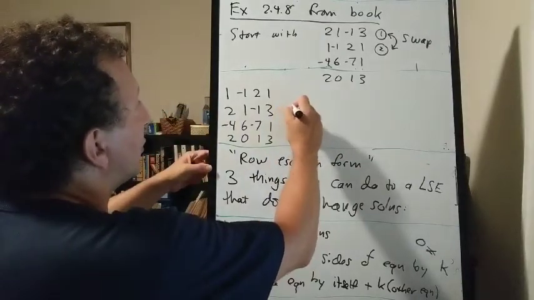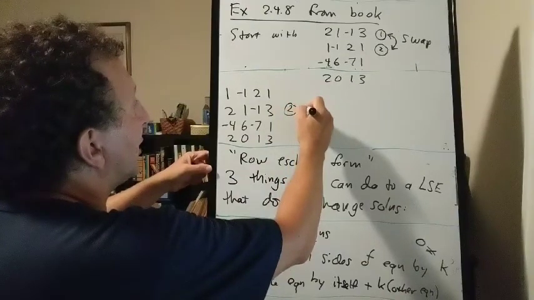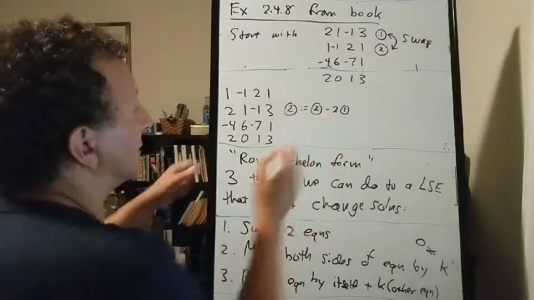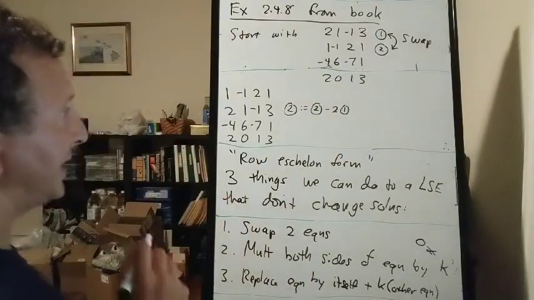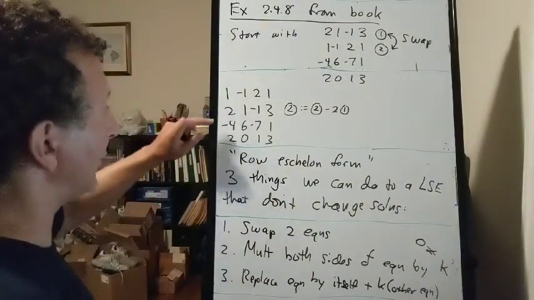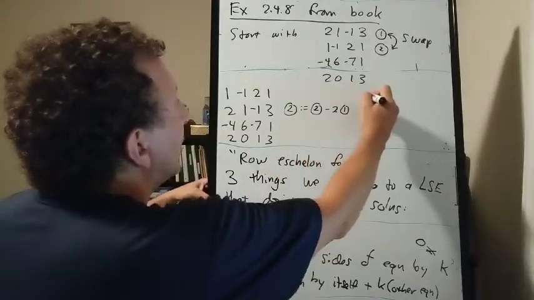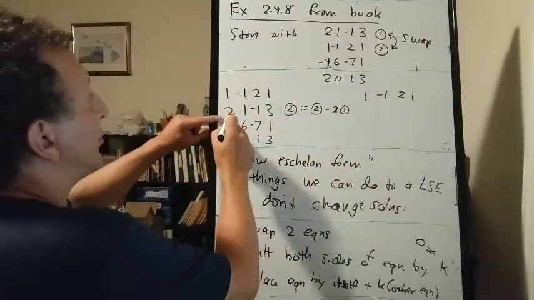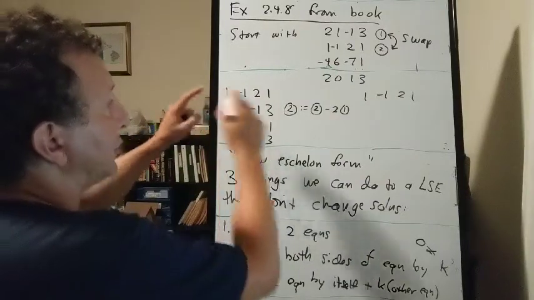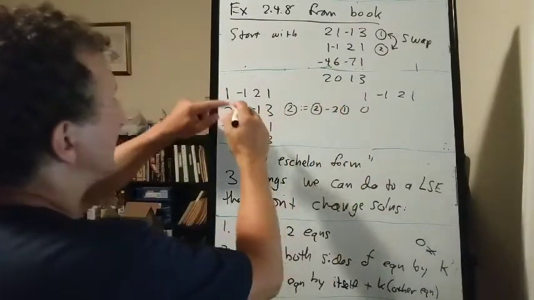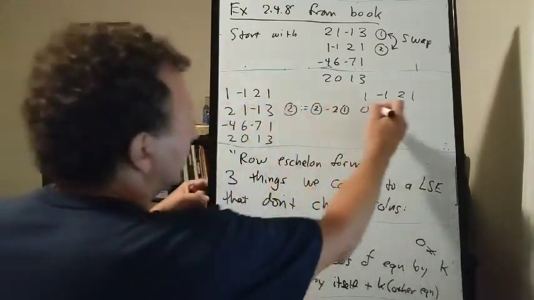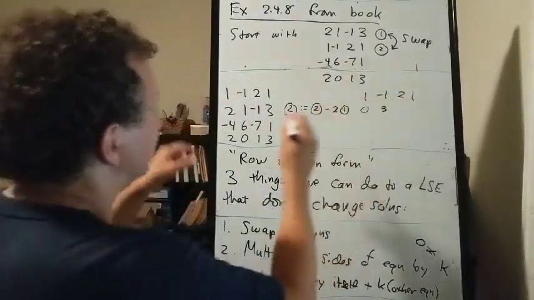So row 2 becomes row 2 minus 2 times row 1. And if we do that, rows 1, 3, and 4 will stay the same. 1, negative 1, 2, 1. 2 minus 2 ones is 2 minus 2, which is 0. 1 minus 2 negative ones is 1 plus 2, so that's 3.